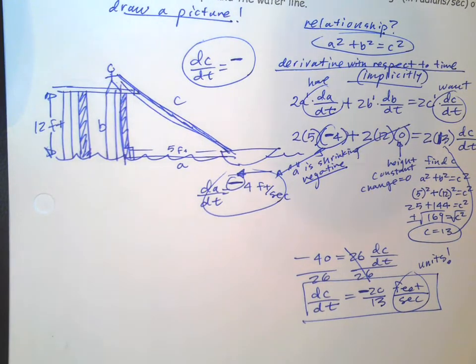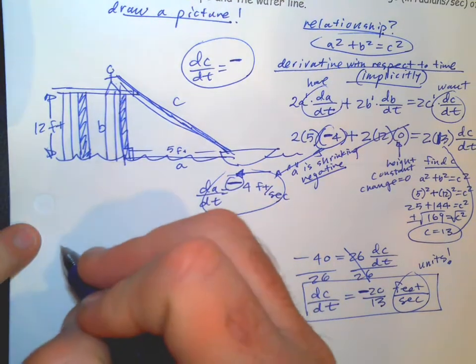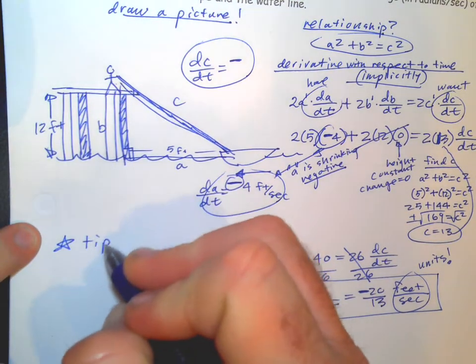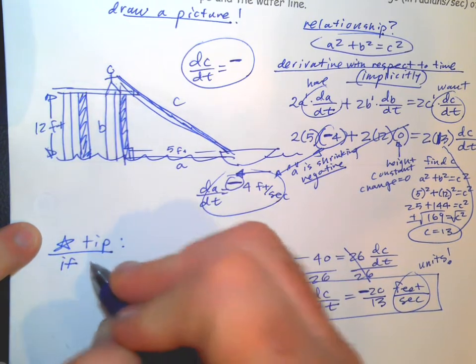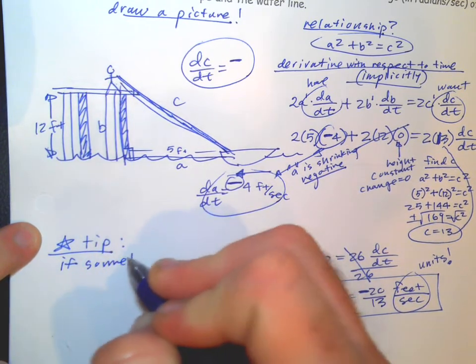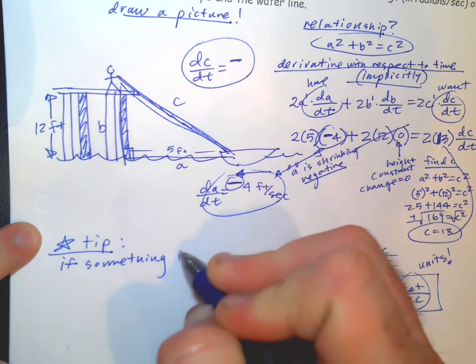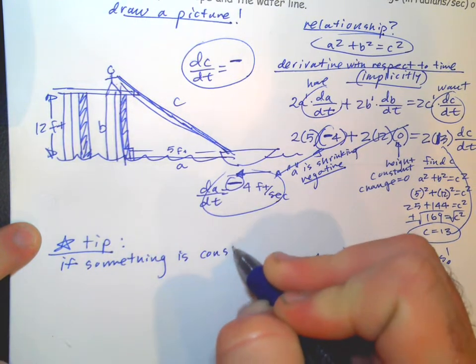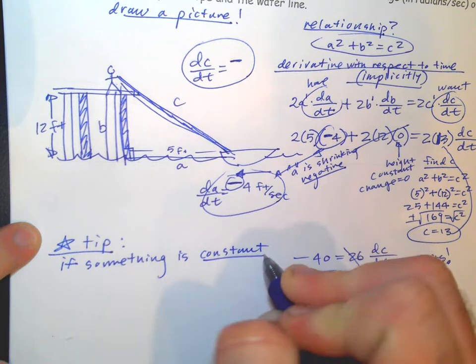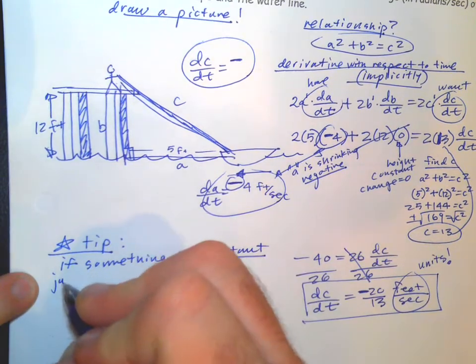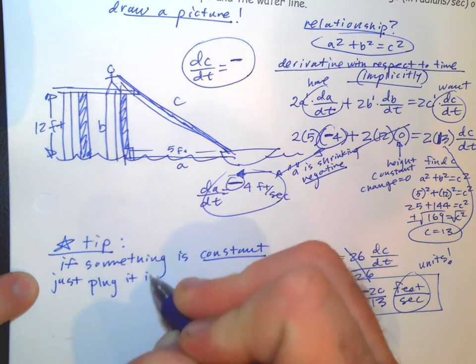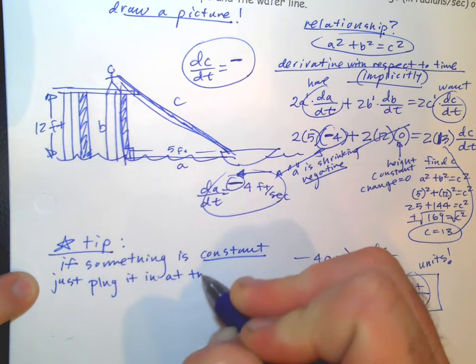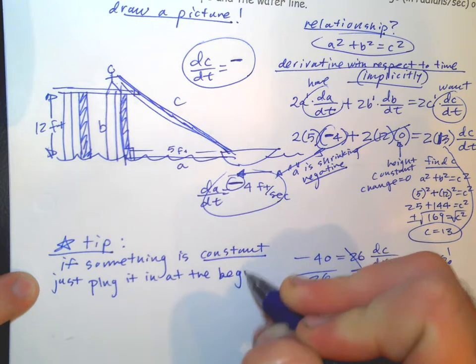Now I want to give you guys a tip of how to make this problem easier that we're going to try and take advantage of, okay? And I think I may have mentioned this before. If something is constant, means it's not changing. If something's constant, just plug it in at the beginning, like before you even take the derivative.